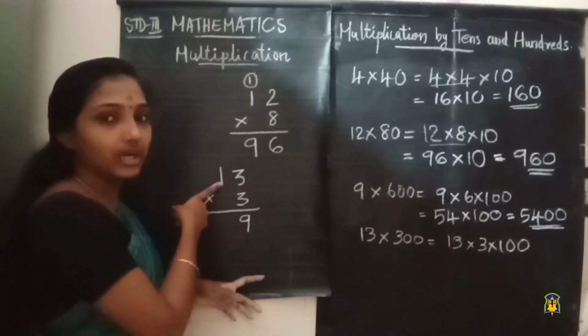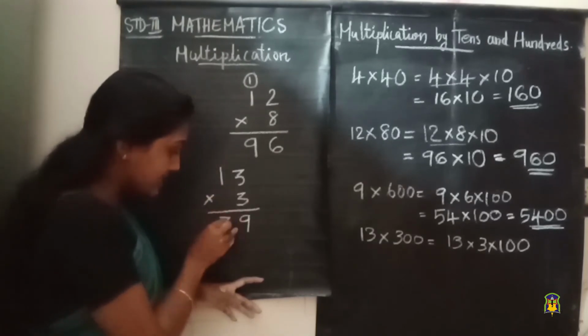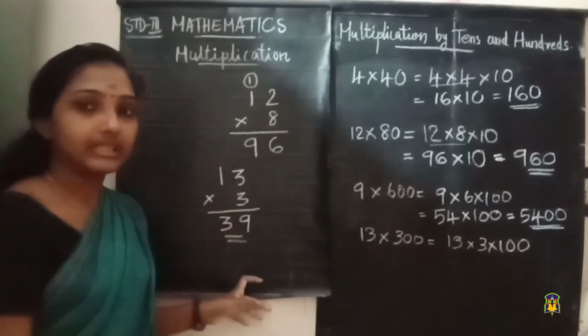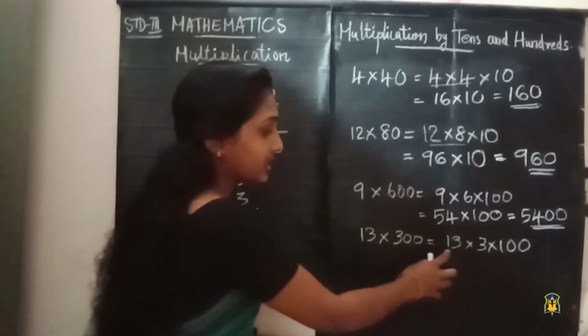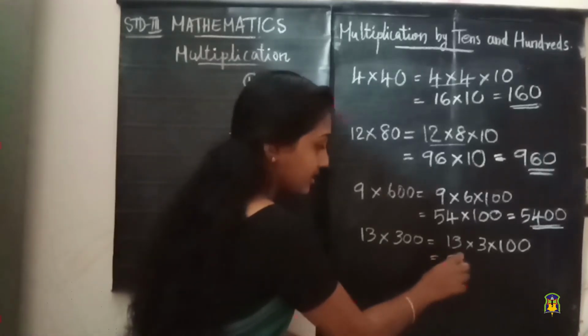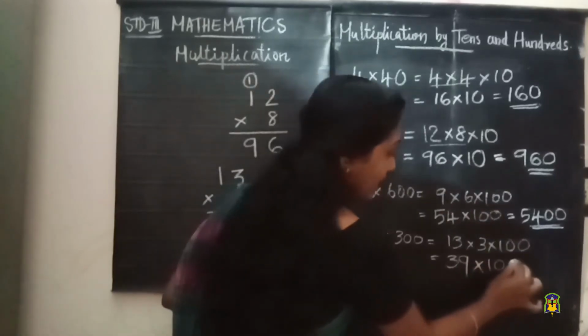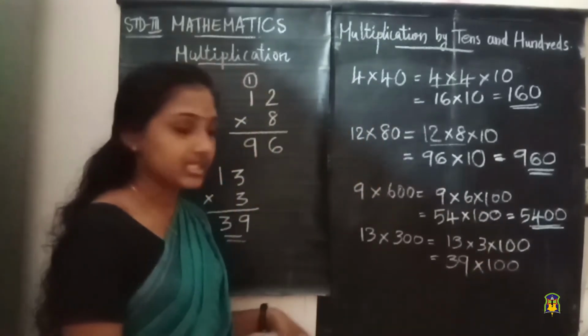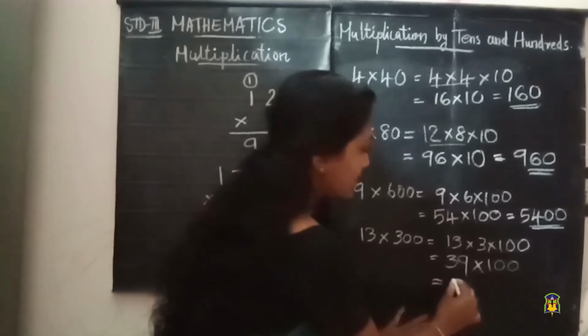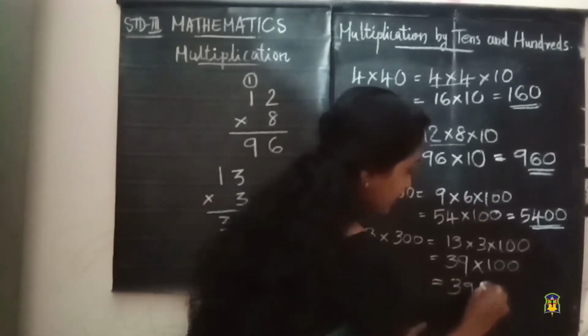Then 3 into 1 gives 3 itself. So it is 39. So 13 into 3 gives 39. Then 39 into 100.